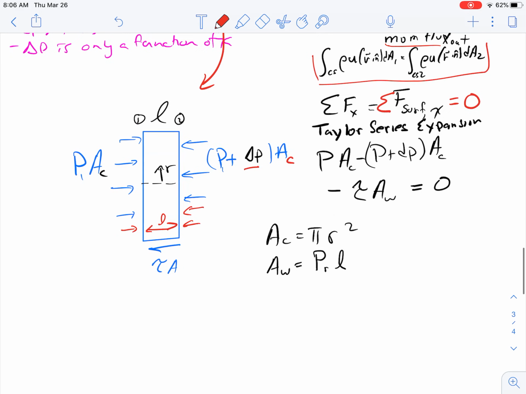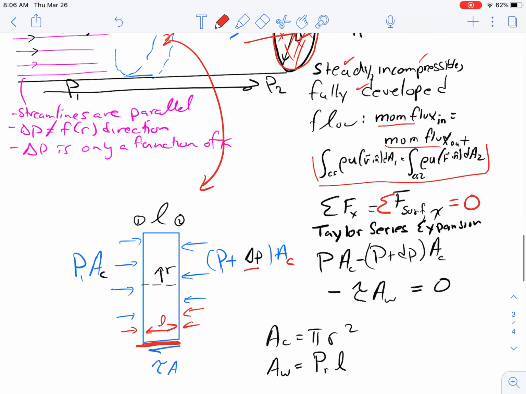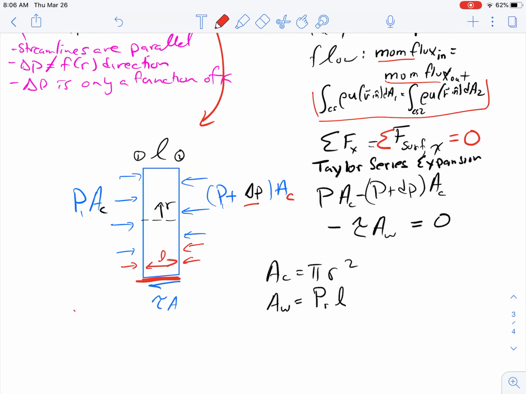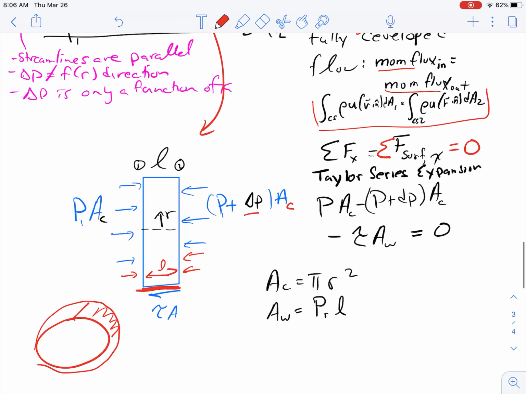So that's our cross-sectional area. But we're also going to have an area along the wall of the pipe. And that area along the wall of the pipe is going to be equal to the perimeter times some length, this length L of our element. So it kind of goes out around like this. And so that's this area that we have along the outside.